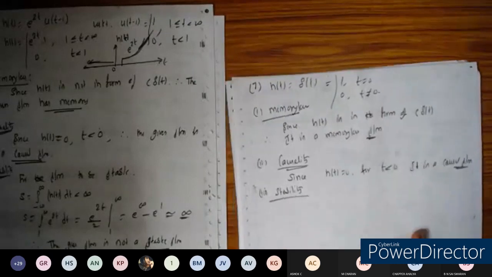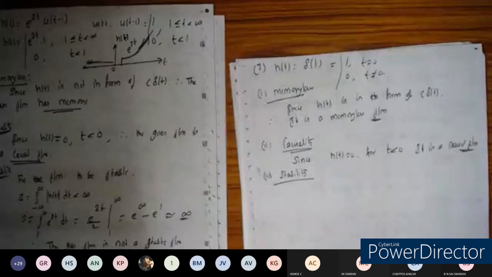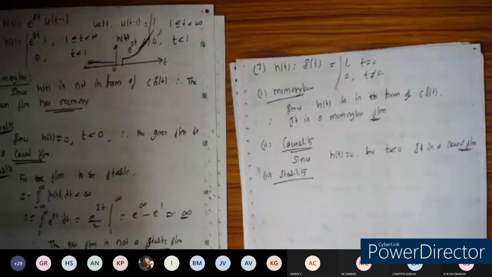Next, let us go for the stability. Whether it's a stable system.